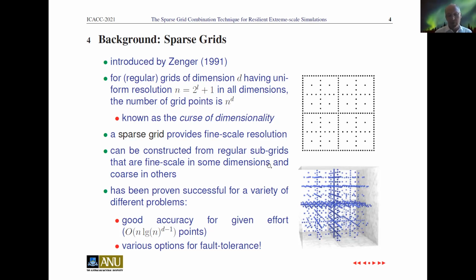What's interesting about this sparse grid is we can construct a sparse grid from a series of regular grids, as we'll see in the next slide. Now, because we have fewer points here, we can evaluate our computation over this grid with much greater computational efficiency.